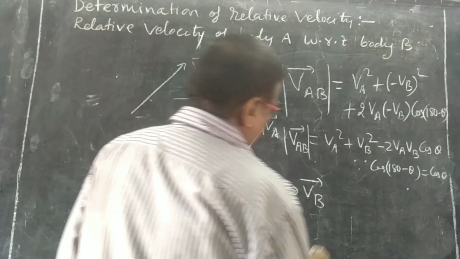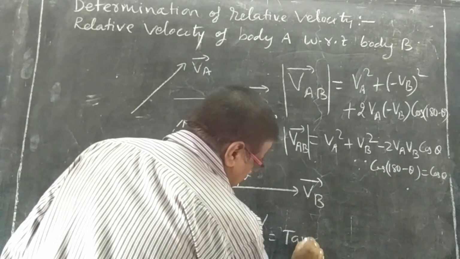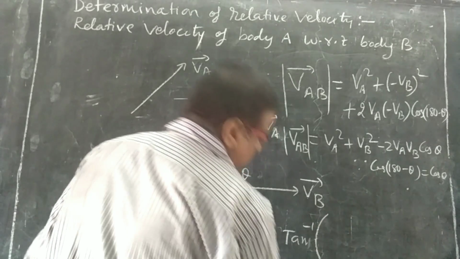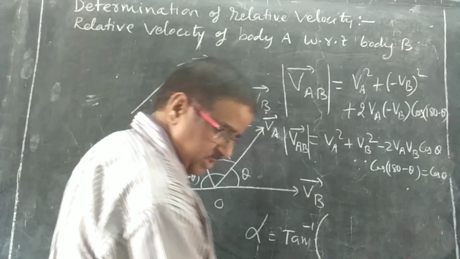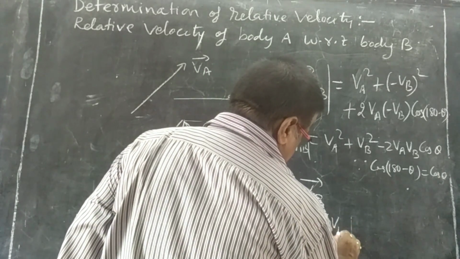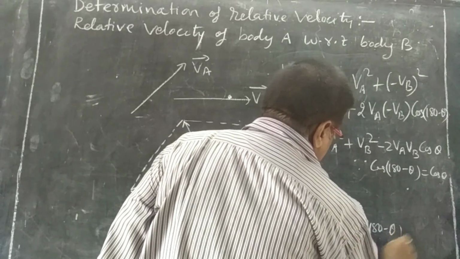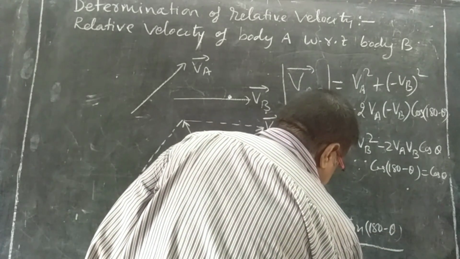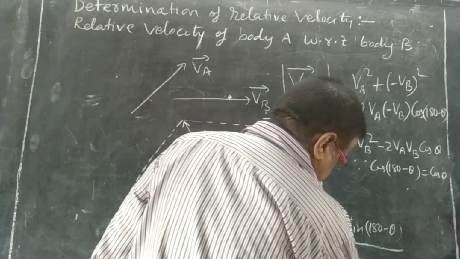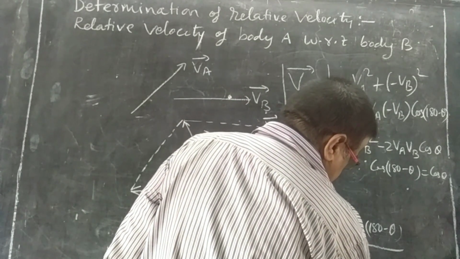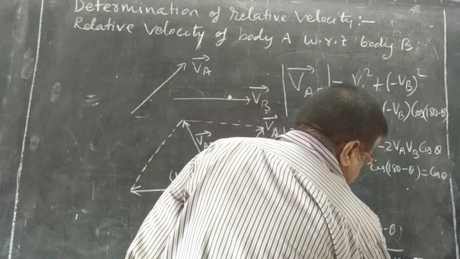For direction we will use a formula from vectors. It will be tan inverse of VB sin 180 minus theta divided by VA plus VB cos 180 minus theta.